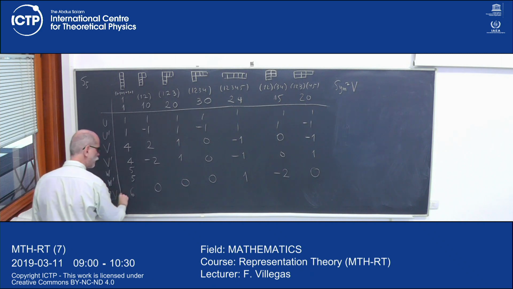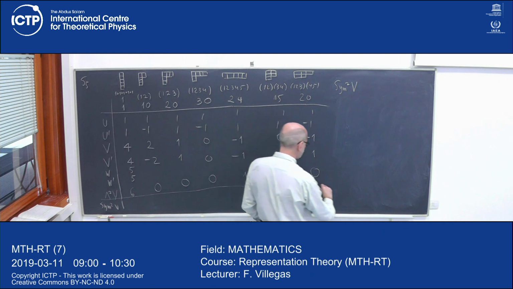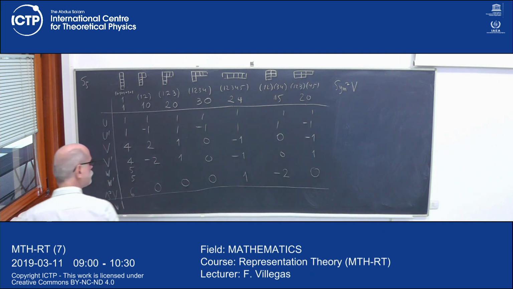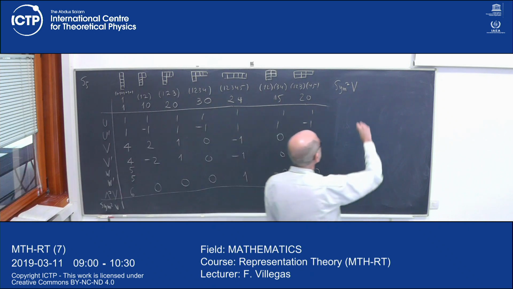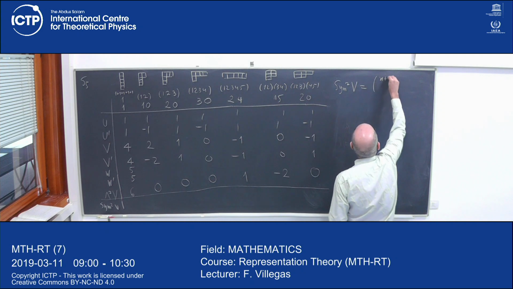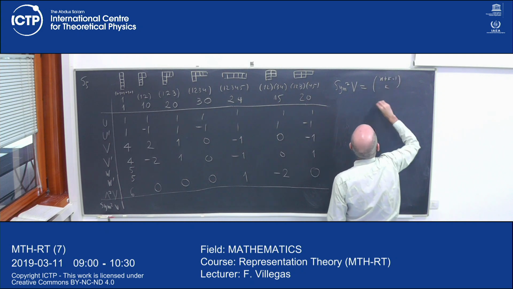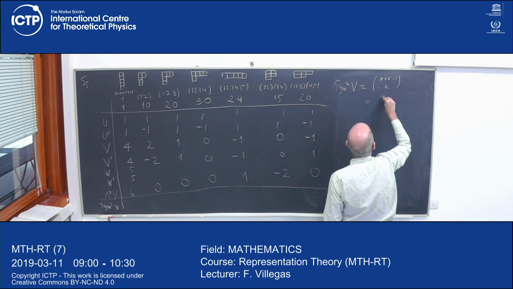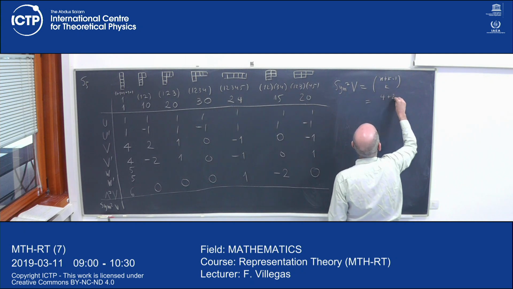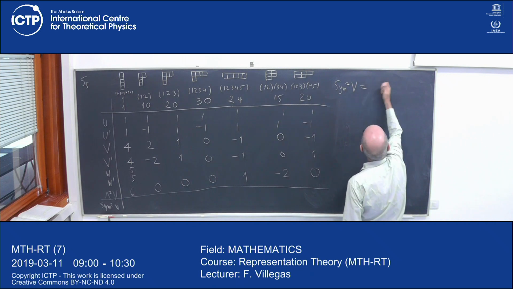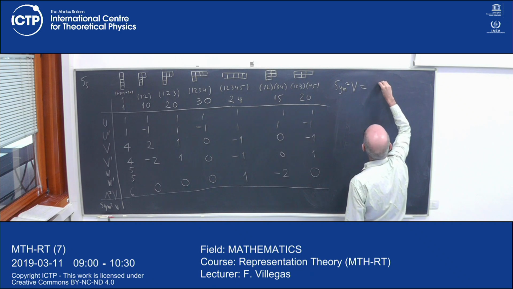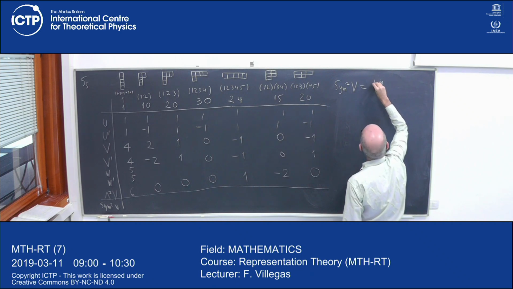It's not going to be irreducible, but I want to list the character values in order. The dimension would be 10. We recall the formula is (n+k-1 choose k). So k is 2, so it's easier to say this is (n+1 choose 2), which is 10.